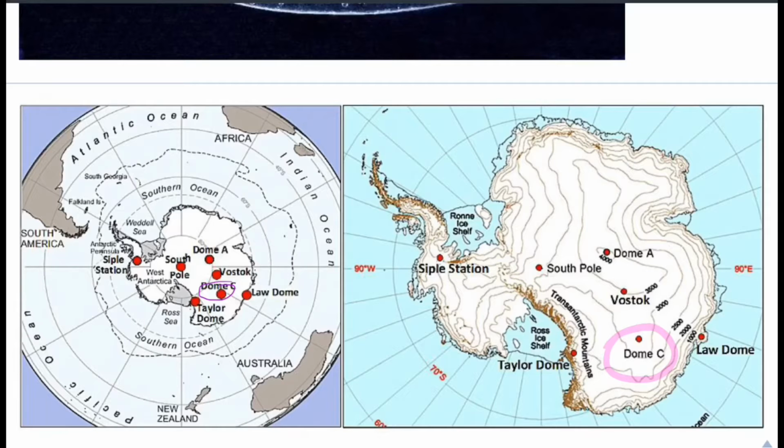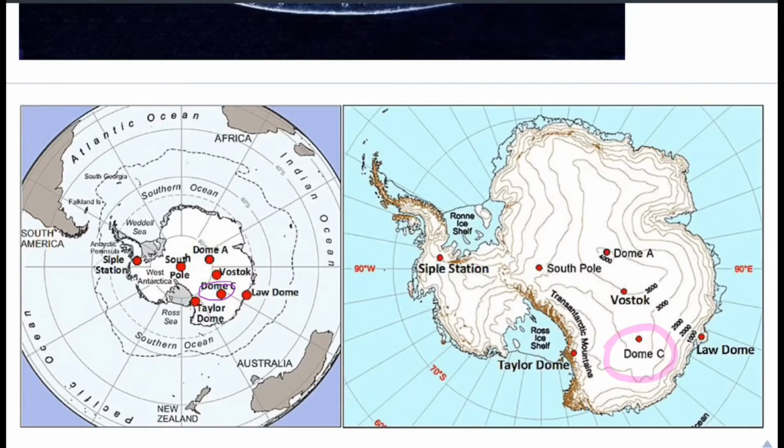It's located in Antarctica at an elevation of 10,607 feet above sea level. So you can just think about how much ice is stacked on top of each other to reach that type of elevation. It is one of the several summits or domes of the Antarctic ice sheet.